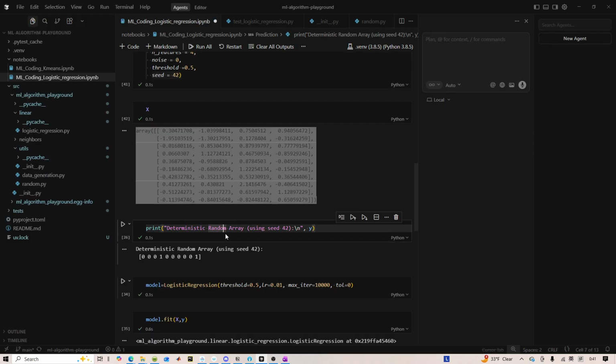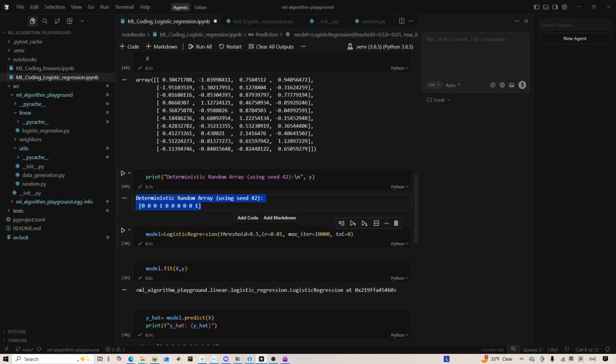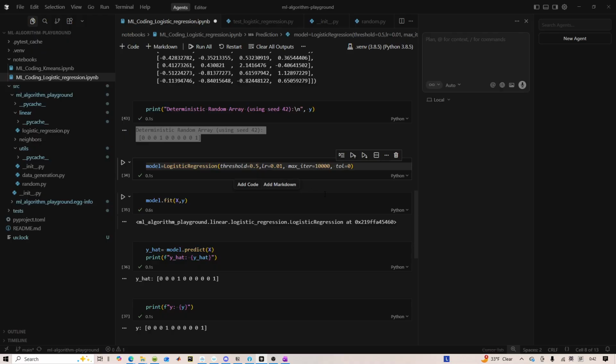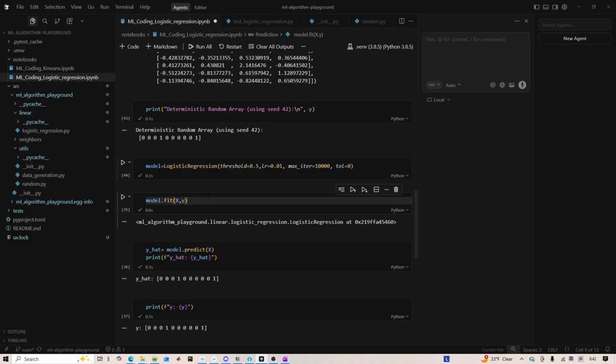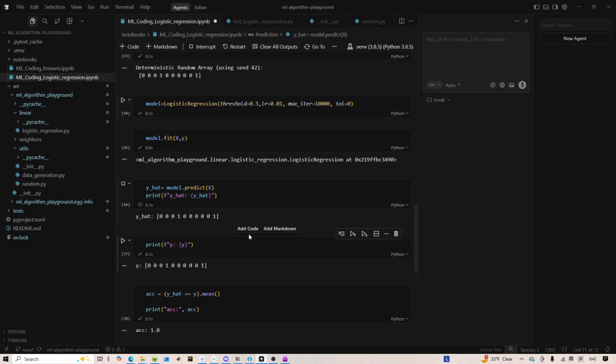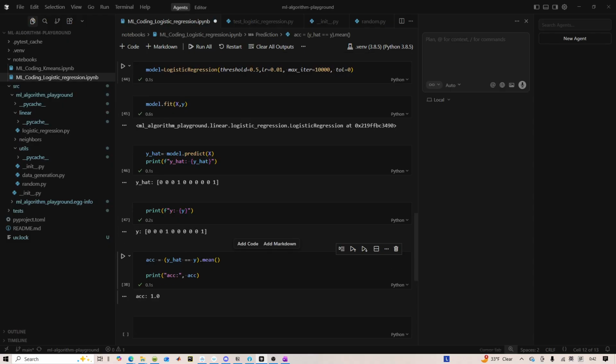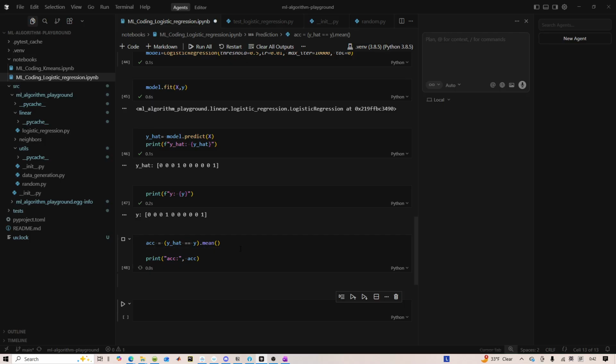And the y it makes is again the same, and we initialize our model by setting the tolerance to 0, such that I can sort of overfit to it, and call the model for fitting. The prediction comes like that, and this is the ground truth. They are the same. The accuracy is 1.